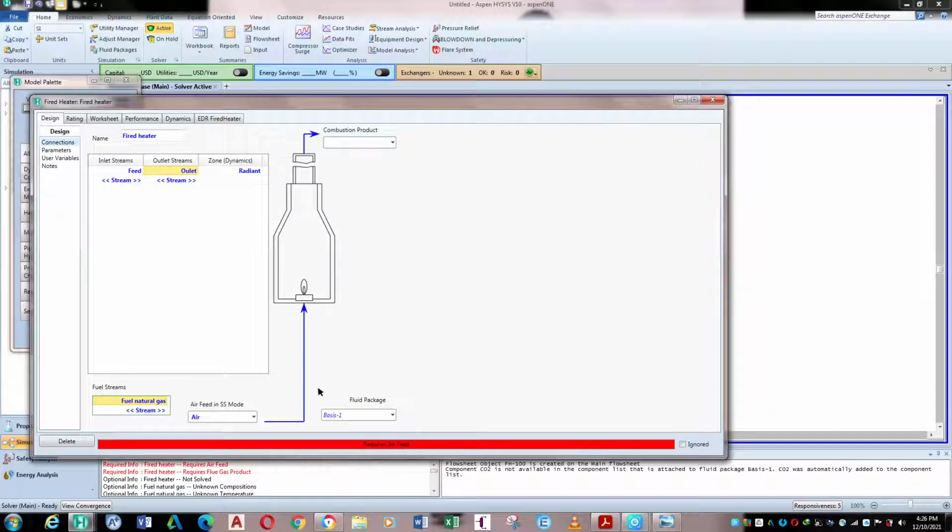And then you know that from the combustion reaction there's a flue gas that is associated with the combustion reaction. Okay, let's position our stuff.